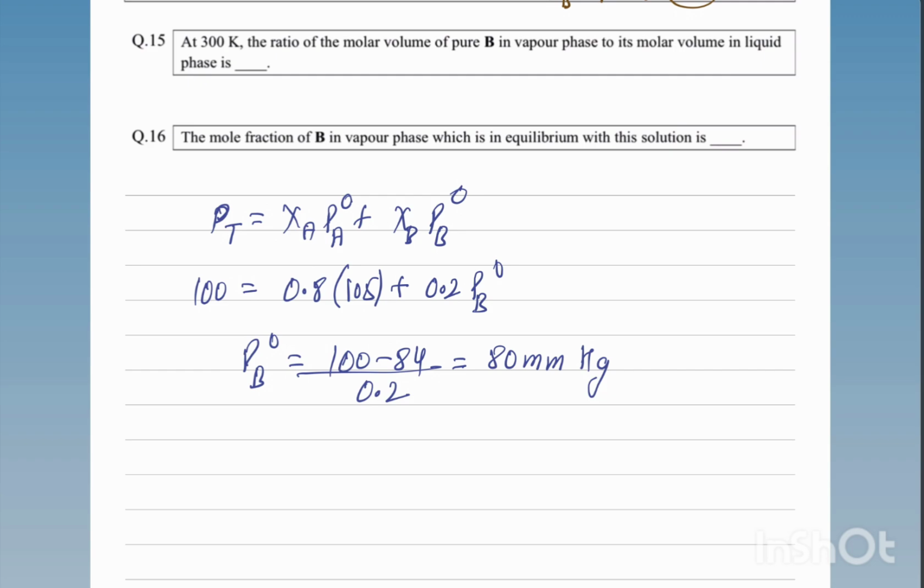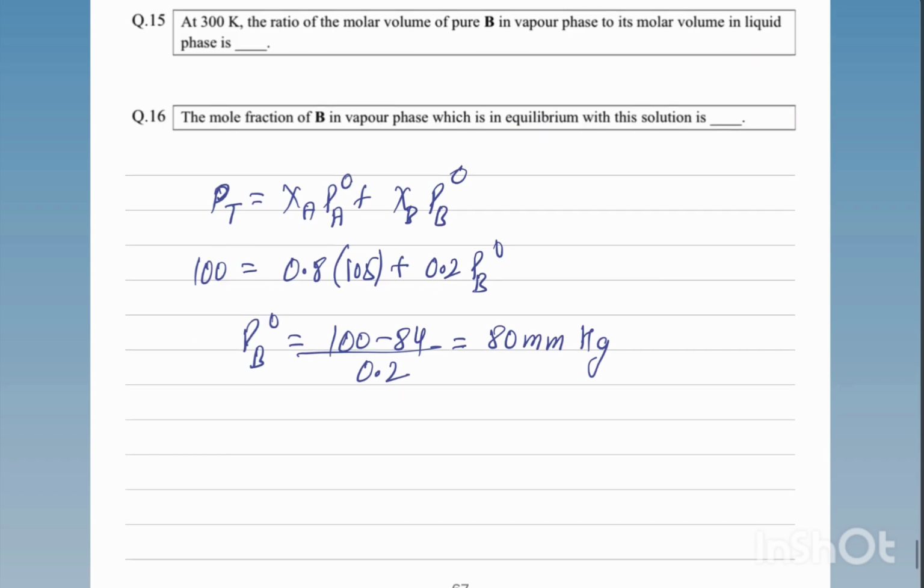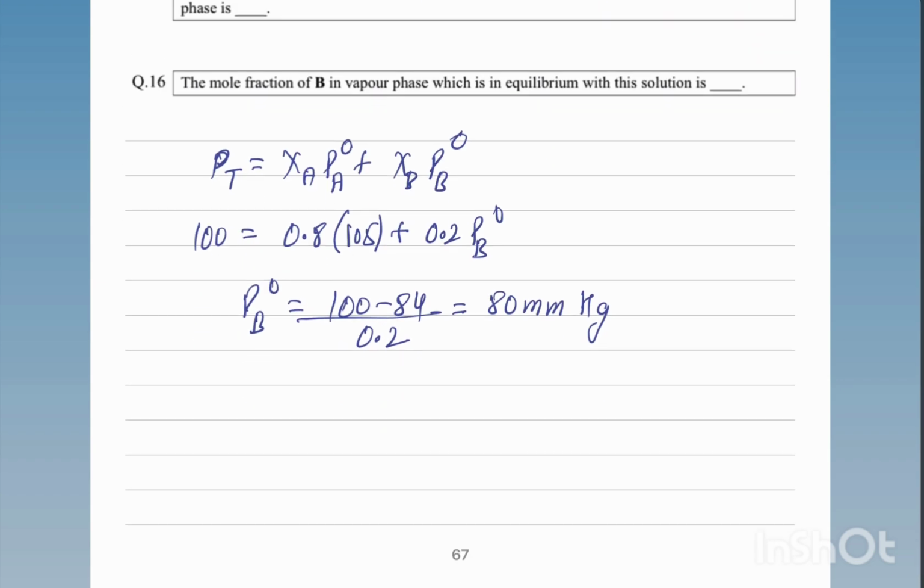We have to calculate it in the vapor phase. It is written that we have to assume A and B behave as an ideal gas in the vapor phase. So we will use the ideal gas equation, and from this the molar volume will become RT by P, that is V naught, the molar volume of B if we are calculating. R can be taken as 0.08 liter atm per mole per Kelvin.